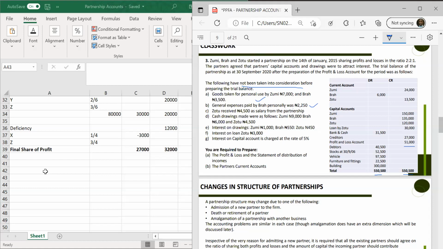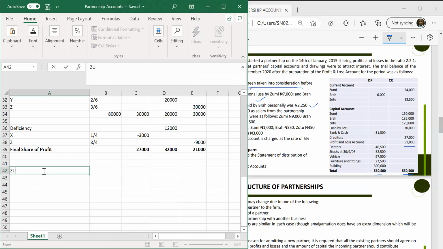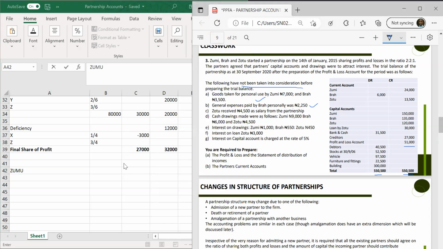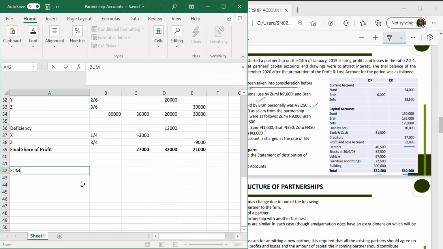So let's start. Zumi, Bra and Zotu partnership.